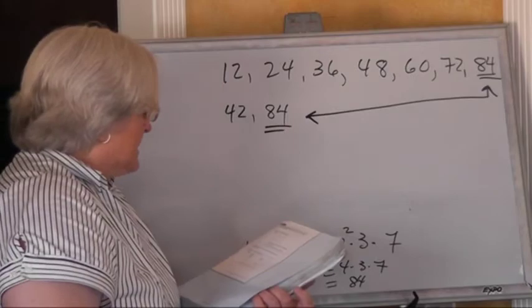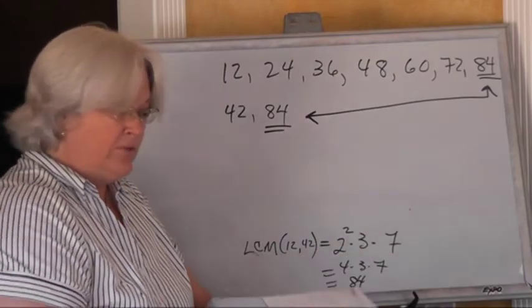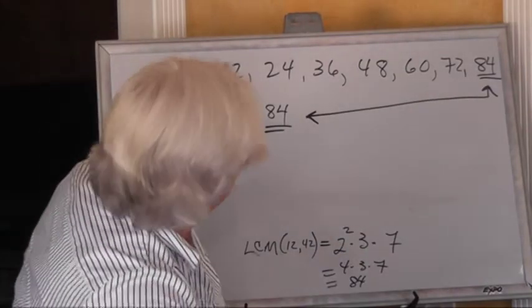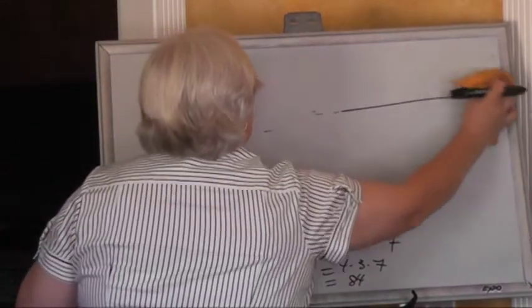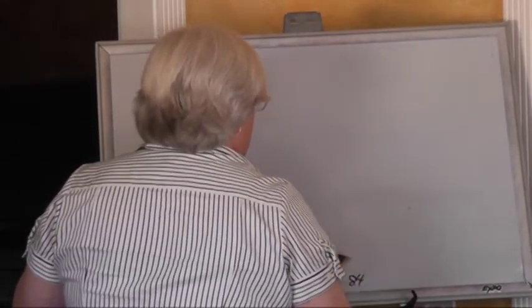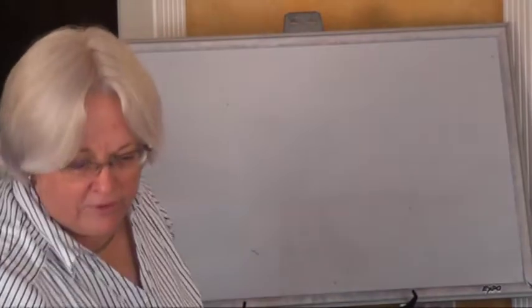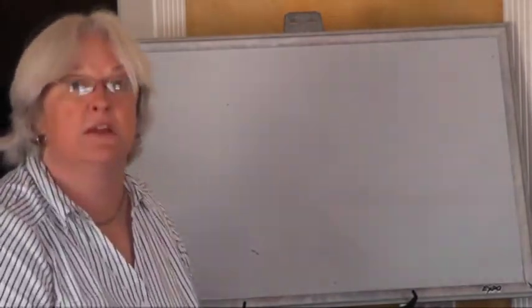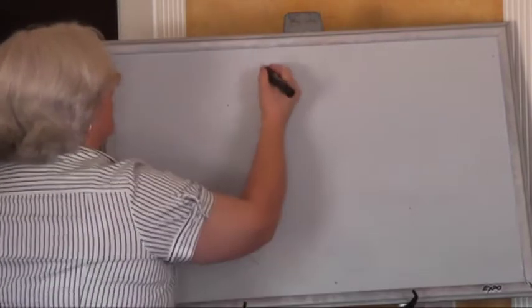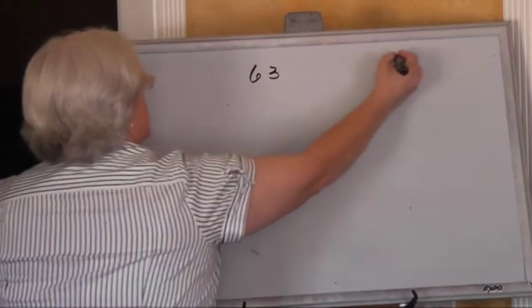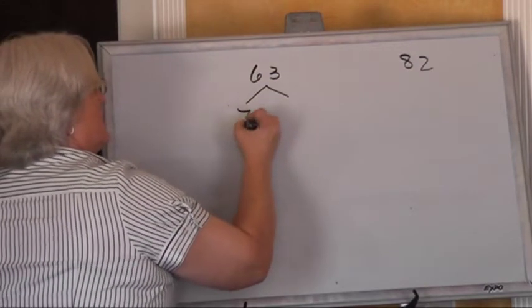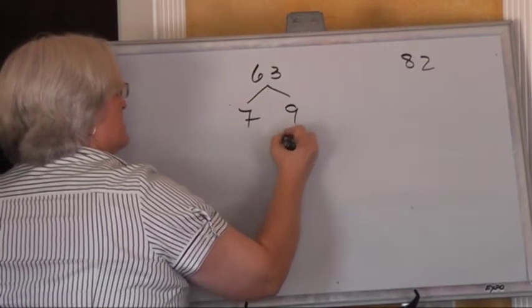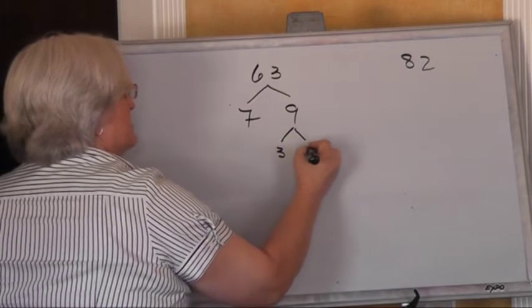Let me do this last example problem for you from page 37. We want to find the least common multiple of 63 and 82. 7 times 9 is 63. 3 times 3 is 9.